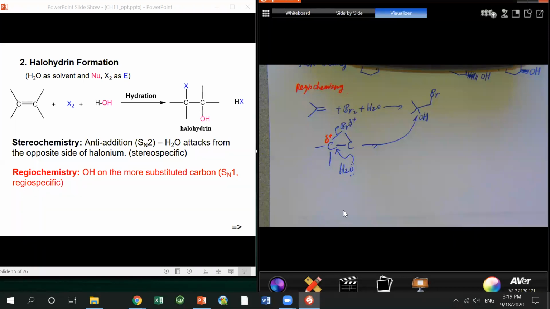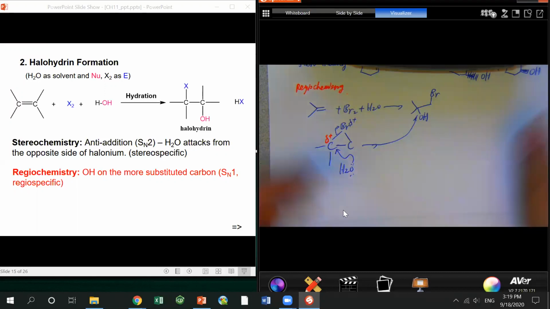The carbon with more hydrogens gets a hydrogen, and the other species goes to the carbon with more alkyl groups. So if you think of bromine as hydrogen, then bromine goes to the carbon with more hydrogens, and the other species, OH, goes to the more substituted carbon. So that's what to keep in mind. All right, that's one example.